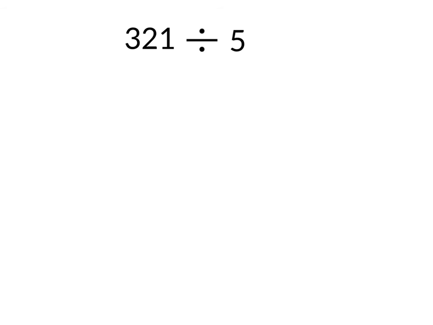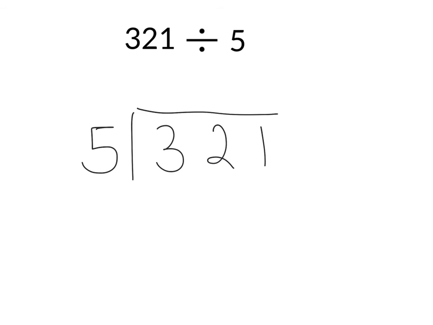And on to our final example, we're doing 321 divided by 5. So set it up in my bus stop. 321 divided by 5. Now, 5 does not go into 3, so I cross the 3 out and carry it over. How many times does 5 go into 32?